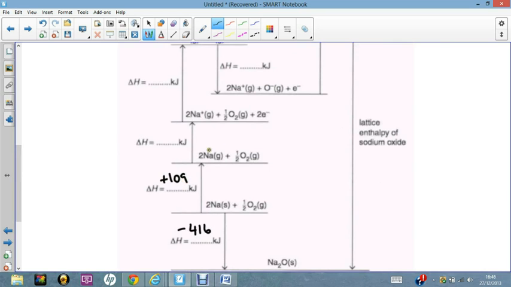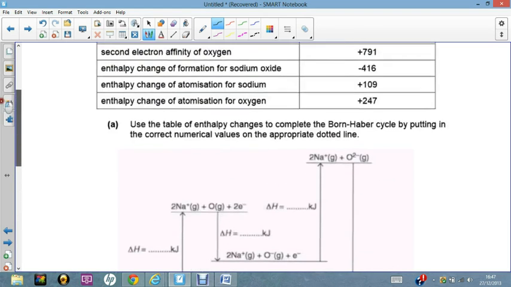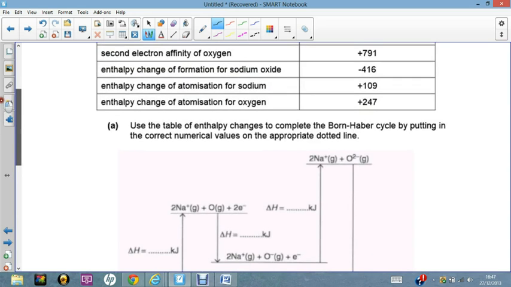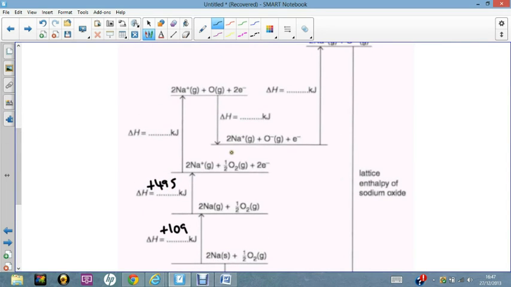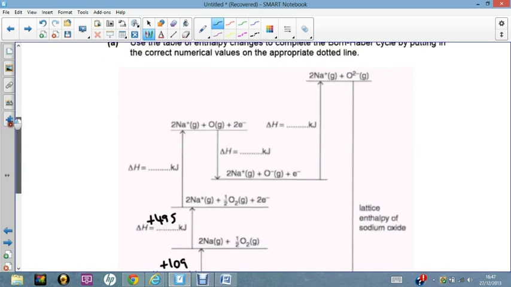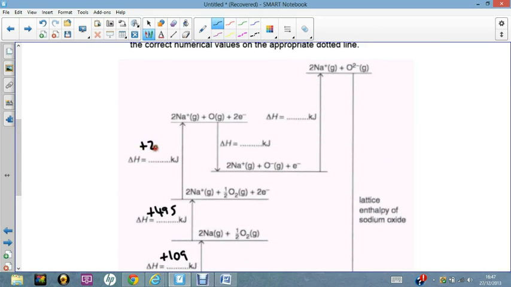Next line we've got oxygen stays the same, sodium turns from Na into Na+, so that is the first ionisation energy of sodium, which is plus 495. Next line we've got half an O2 turning into O, so that is the atomisation energy of oxygen, which is plus 247.